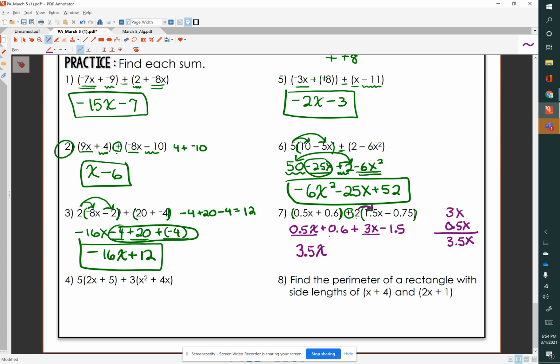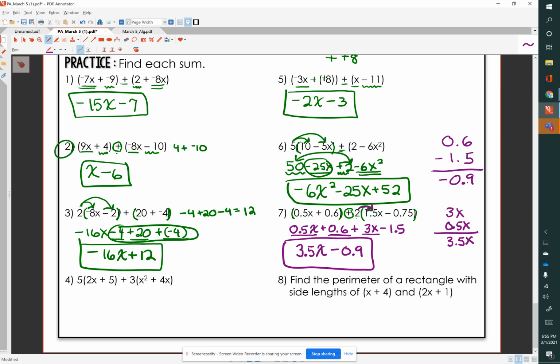And then I have 0.6, plus a negative 1.5. So that's the same as subtracting 1.5. And if you subtract that, you will have a negative 0.9. And that's our final answer.